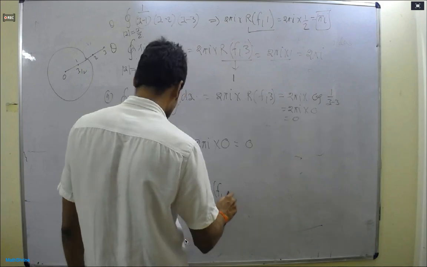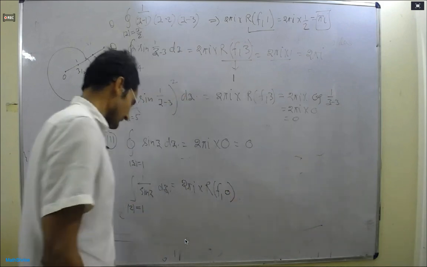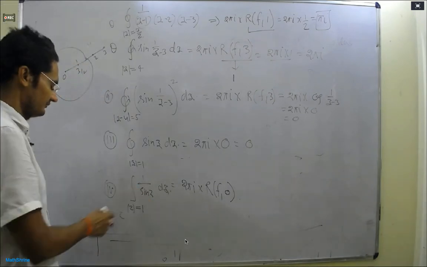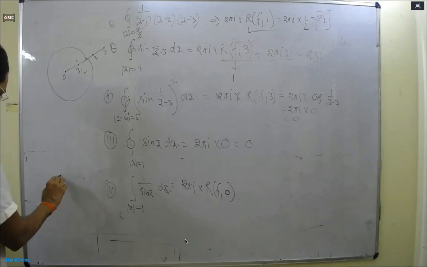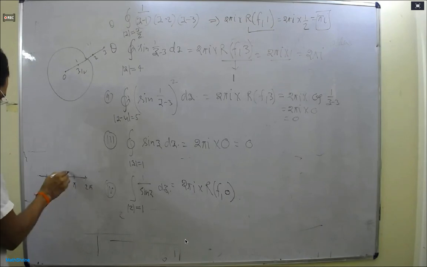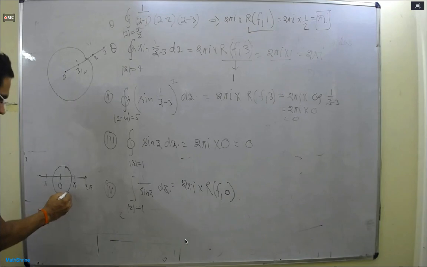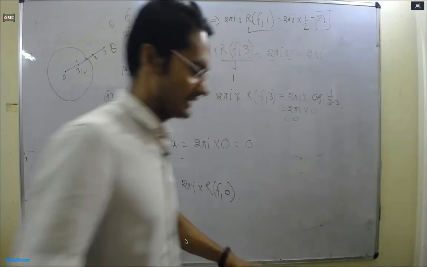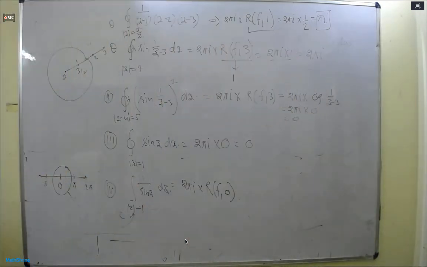This function has the problem at 0, then pi, then 2 pi, then minus pi, but we are taking this region. If any doubt, please ask. That's why I was suggesting calculate the residue of the following, right? We have gone through sufficient examples.